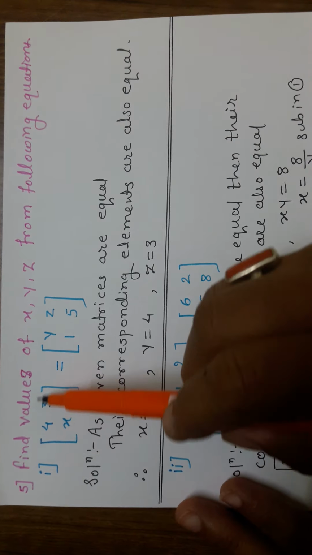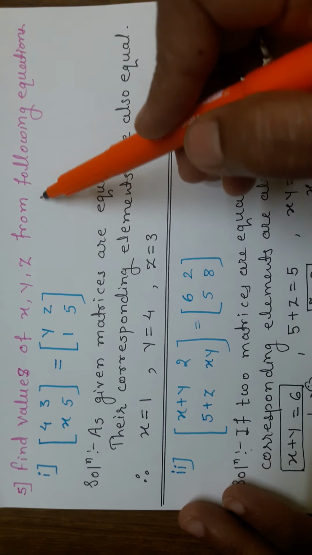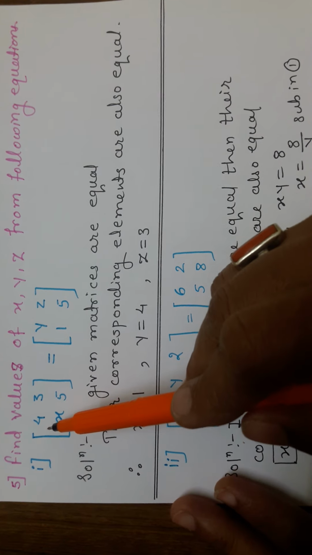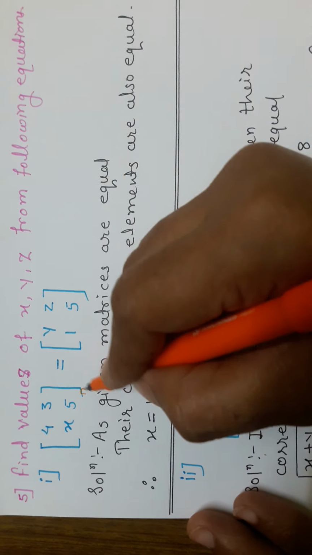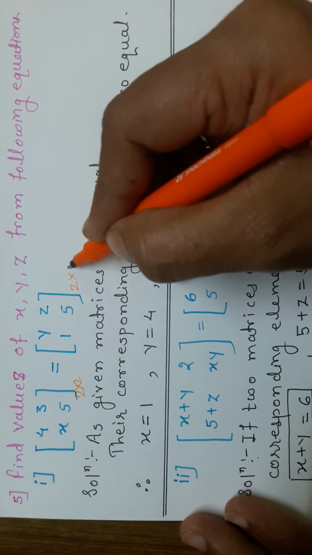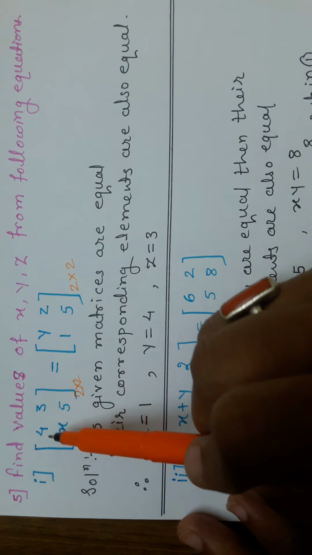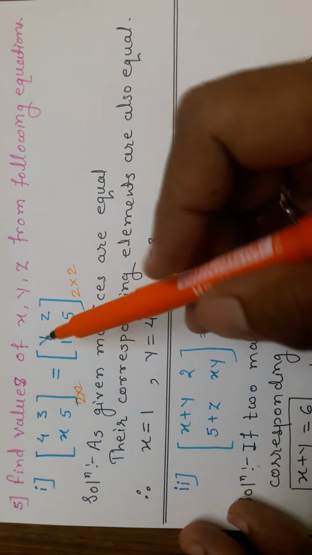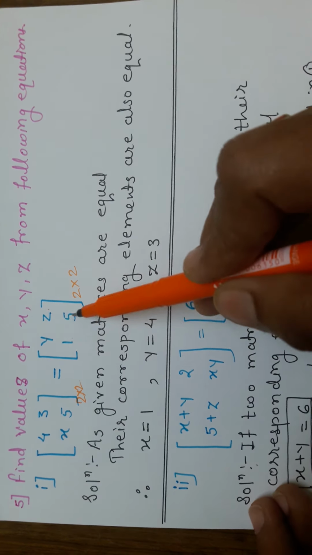Fifth problem, find the values of x, y, z from the following equation. In the first problem they had given a matrix of order 2 cross 2, which is equal to the second matrix, also of order 2 cross 2. In the first matrix they had given in the first row 4, 3, x, 5 and in the second row y, z, 1, 5.